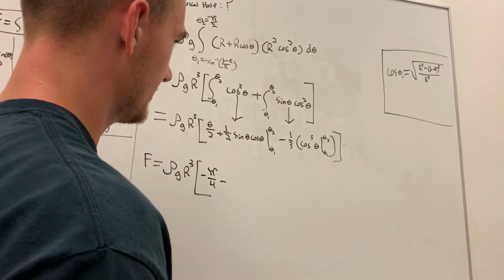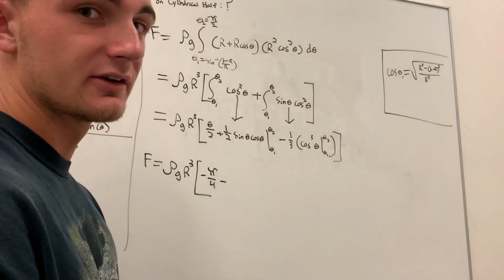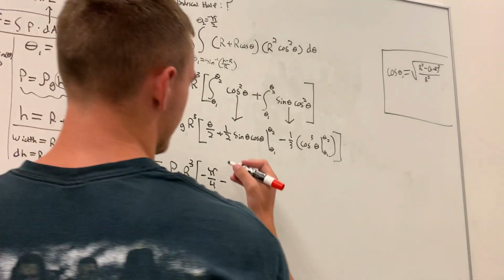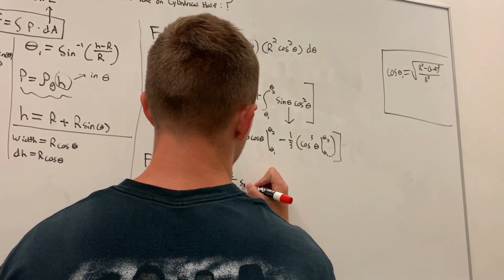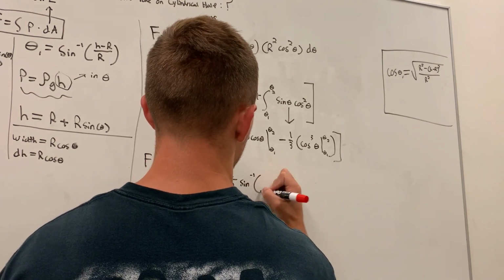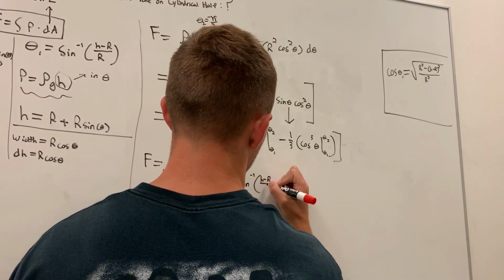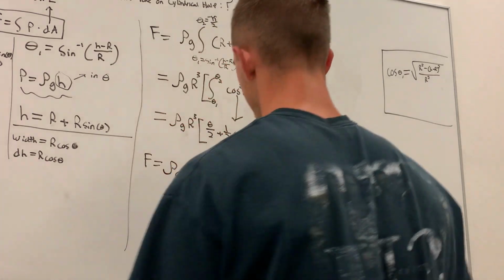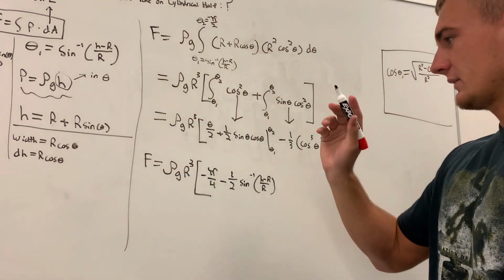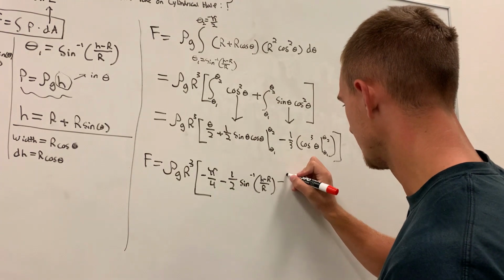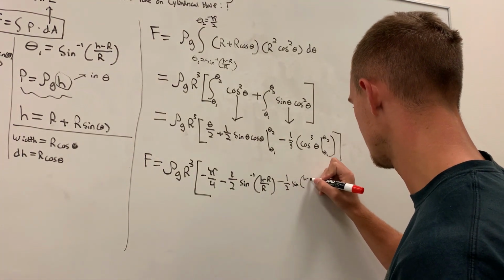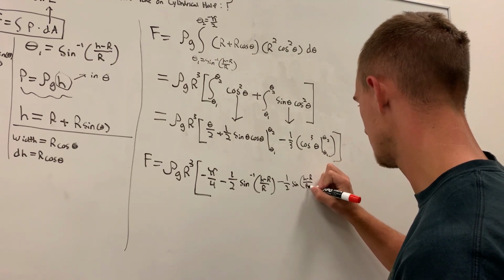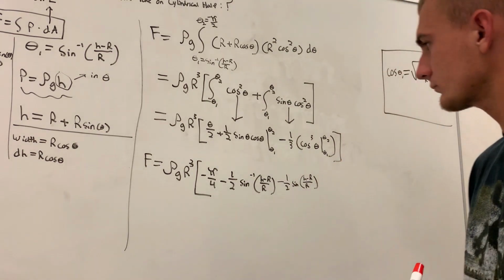Our second term here, cosine of negative pi over 2, is 0. Going to our next, we'll have negative 1/2 arc sine of (h minus r) over r. And we'll have another minus 1/2 arc sine of (h minus r) times our cosine theta 1.